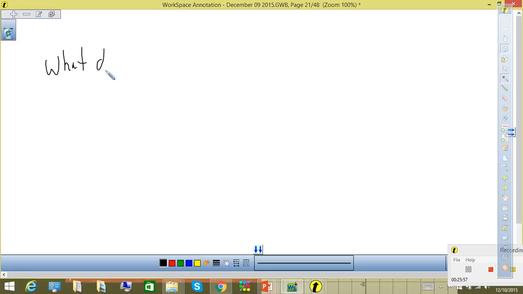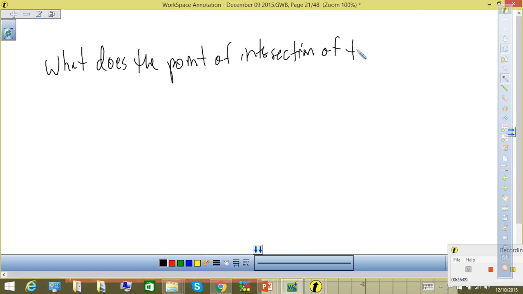What does the point of intersection of two lines mean? Talk it over with your neighbor, and then once you come up with an answer, write the answer to the question there on the summary section. Go.